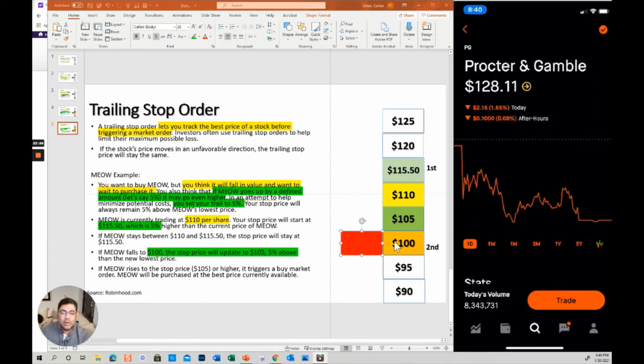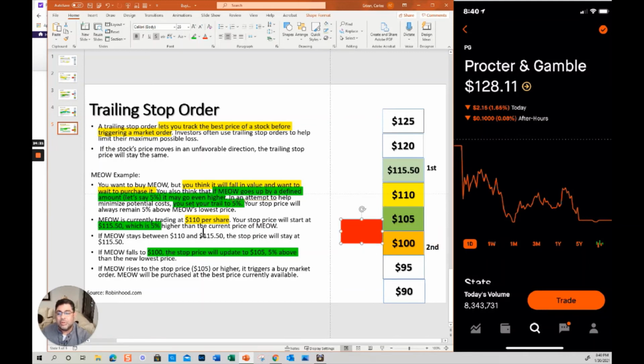So again, if it keeps going down, when it goes 5% higher, then it will trigger a market order, okay? So this is basically saying, look, and that's why it's called trailing, let it track the best price and then trigger a certain percentage above it.